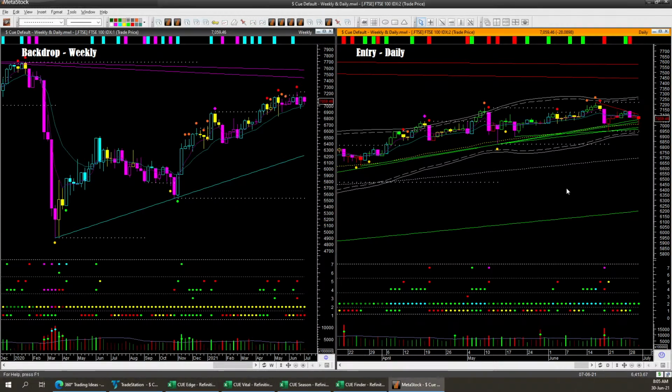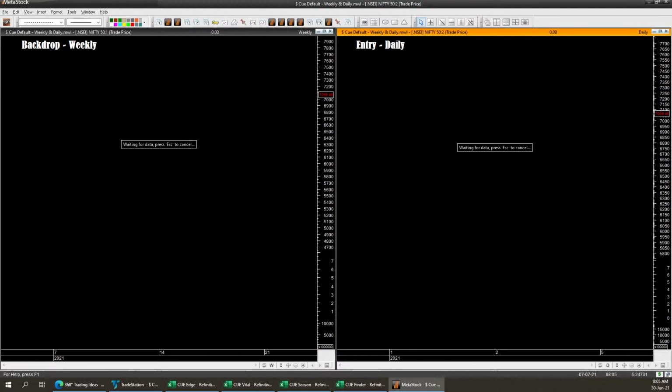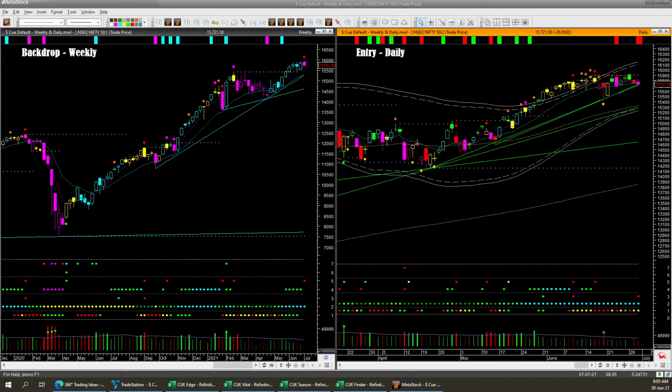Lastly, India's Nifty 50. Here also the weekly backdrop has turned bearish. There is a bear release signal as well. In the daily, price is inside a triangle pattern.